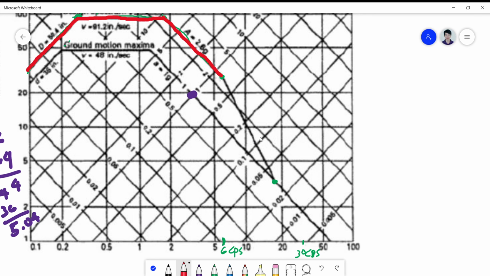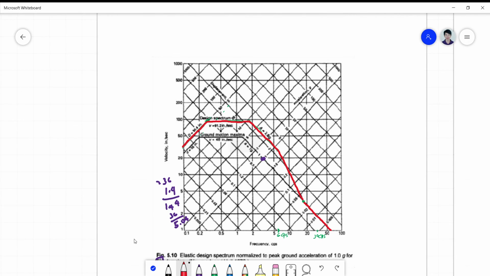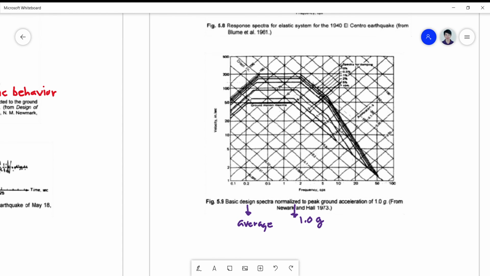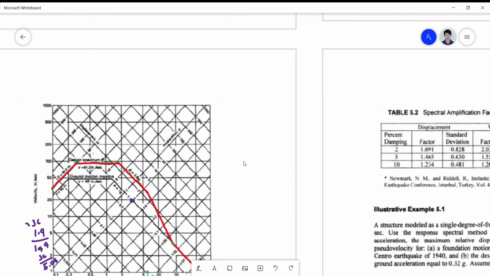When you say 1G, this is your basis with 5% damping. So that's how you do the plot. If you continue doing that, you will get figure 5.9 in this. Basically this is your complete spectral graph.